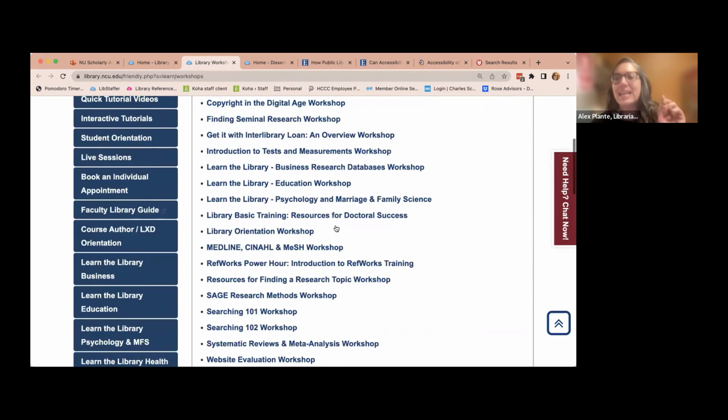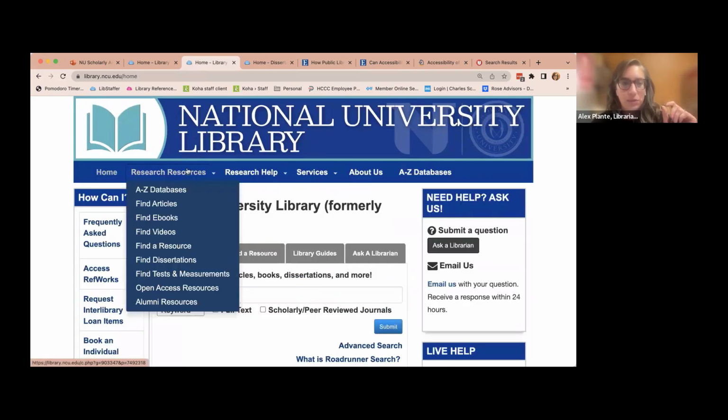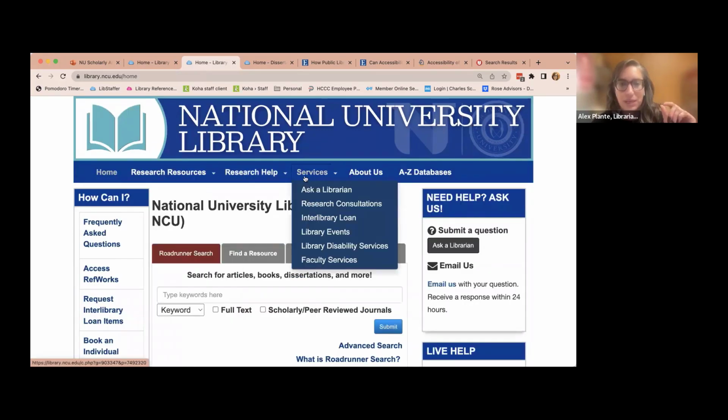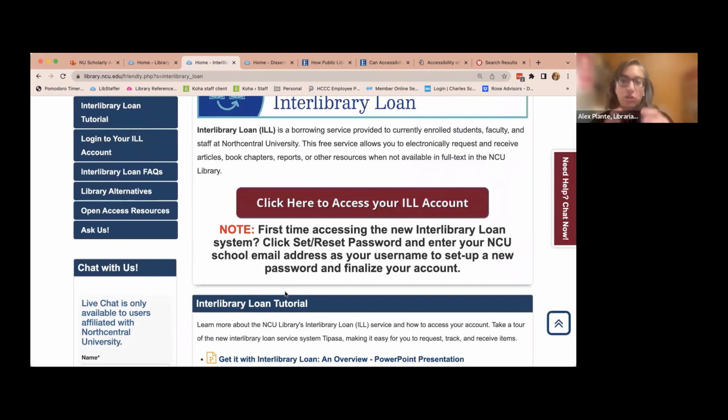In terms of interlibrary loan, I am going to suggest that everybody pop down to interlibrary loan. You're first going to have to create an account to request. Even if you don't need to request something, you do not want to be in a pinch, stressing out about getting something and also needing to create an account.